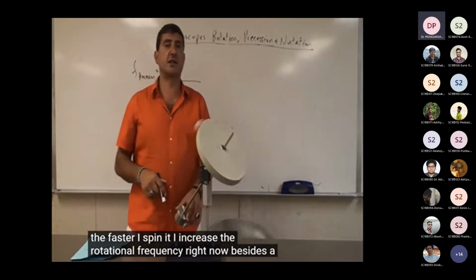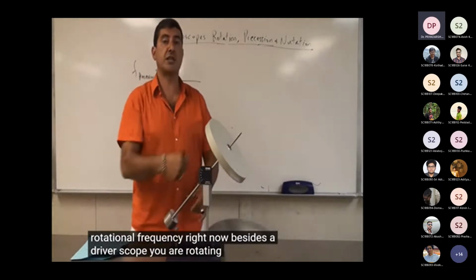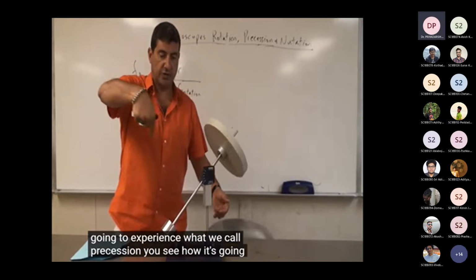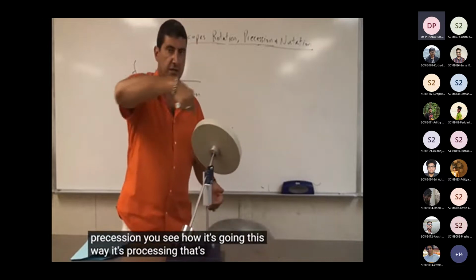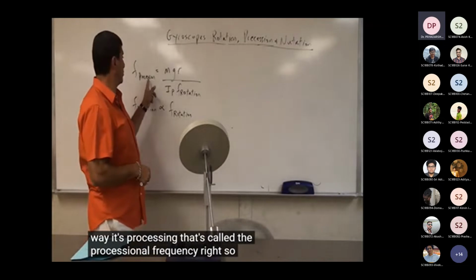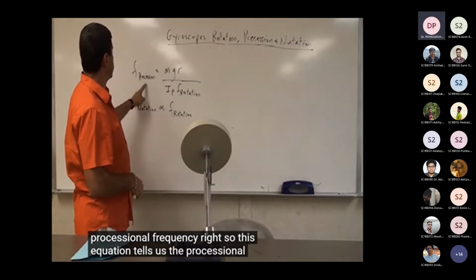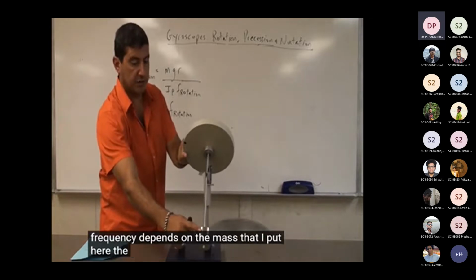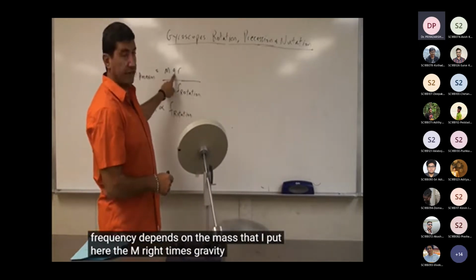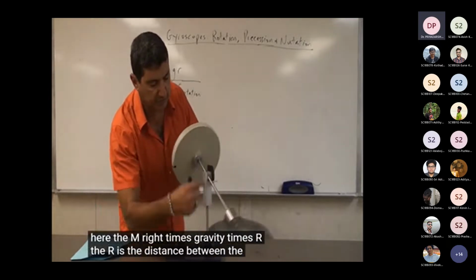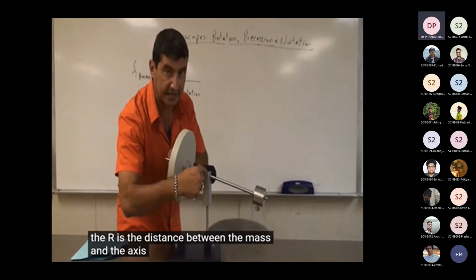Now, besides the gyroscope rotating, it's also going to experience what we call precession. You see how it's going this way? It's precessing. That's called the precessional frequency, right? So this equation tells us the precessional frequency depends on the mass that I put here, the m, times gravity, times r. The r is the distance between the mass and the axis of rotation.